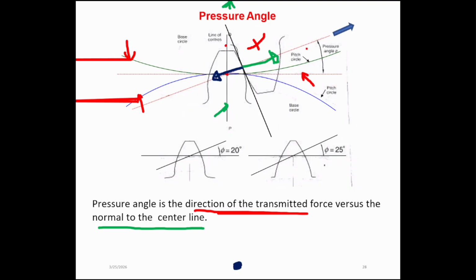So this is the force direction, and this is the normal to the center line. The angle between these is the pressure angle. Common pressure angles are 20, 22.5 and 25. So the pressure angle represents the force direction. Keep that in your mind. Is that clear?